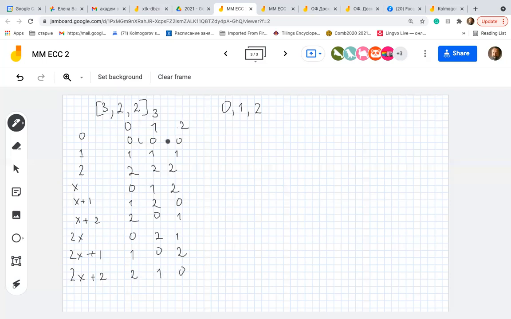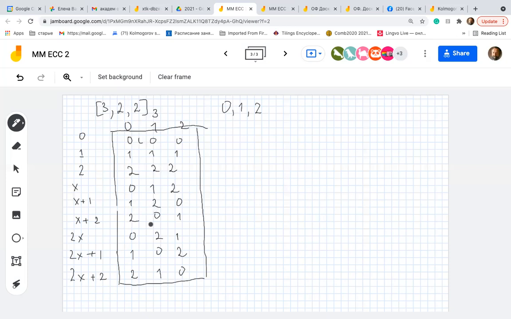So we obtain 9 code words, and we see that they are all pairwise different, and moreover, the number of different positions is 2 or more. These 3 are pairwise different, and they differ in all 3 letters, and the remaining code words differ from those in 2 positions.